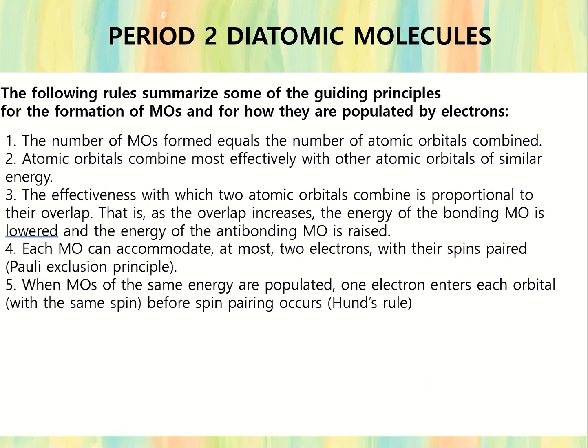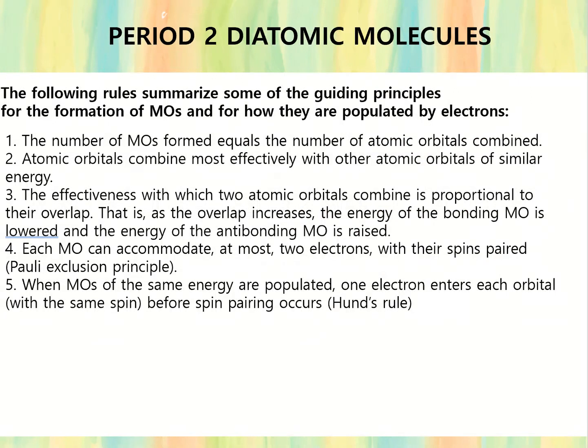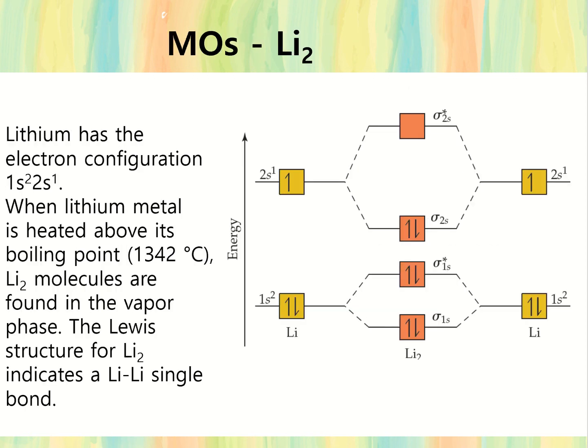Each molecular orbital can accommodate at most 2 electrons with their spins paired. And then 5, when molecular orbitals of the same energy are populated, 1 electron enters each orbital before spin pairing occurs. Let's go back to this and check whether we have 2 electrons with their spins paired.